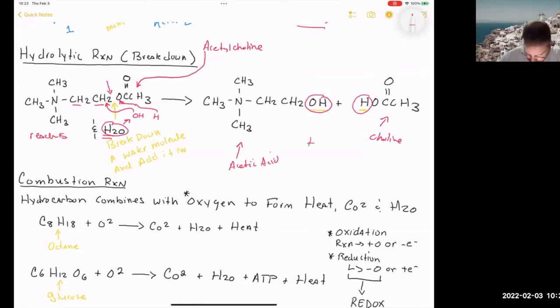So the H2O, right? One hydrogen went here, another hydrogen and the oxygen went over here. And I broke that water molecule down in order to break this molecule of acetylcholine into acetic acid and choline. So that is a hydrolysis, a hydrolytic reaction, very common.